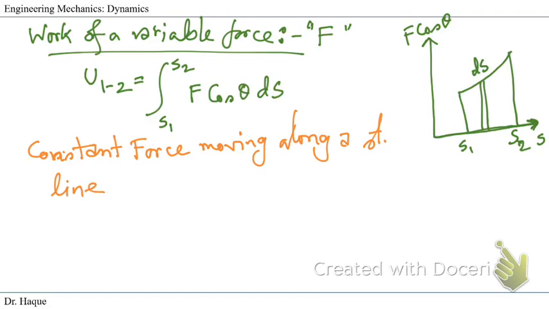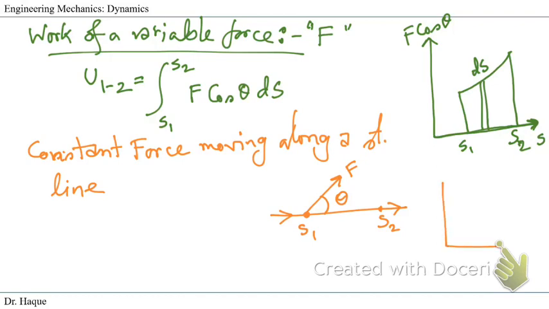So if there is a movement, the initial position is S1 and the final position is S2, and the force is constant in that direction, making a theta angle with the direction of movement.